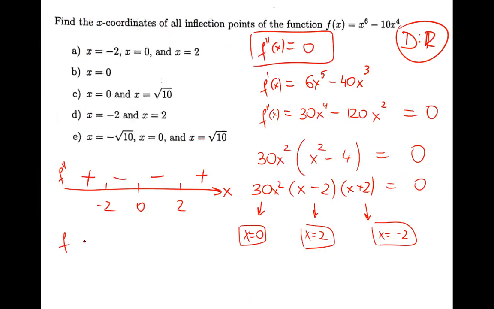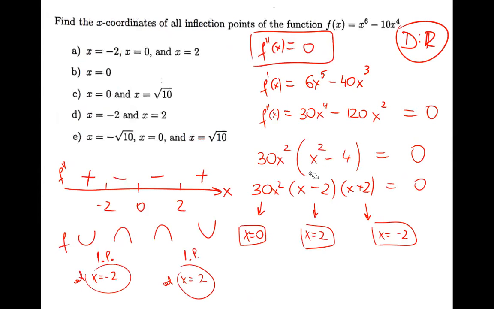Okay, let's see. The function is concave up, concave down, concave down, concave up. That means we do have an inflection point at negative 2, and we have an inflection point at 2. Not at 0. But you remember my session, because I can see right away if the quantity is taken to the power of an even exponent, the function will never change the sign.